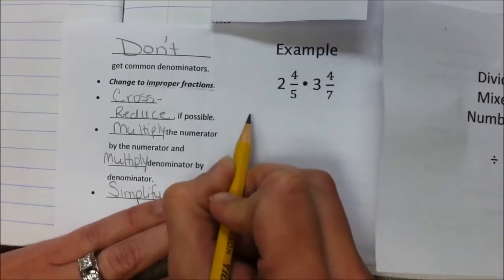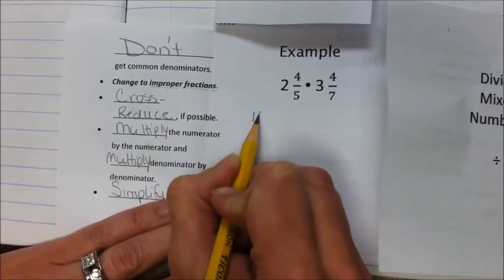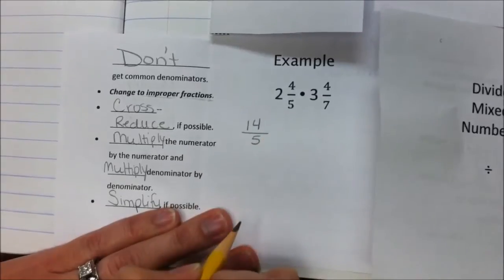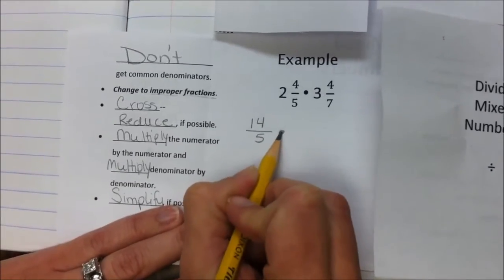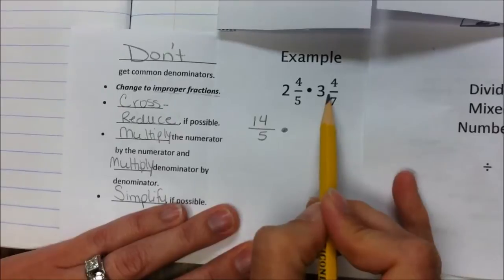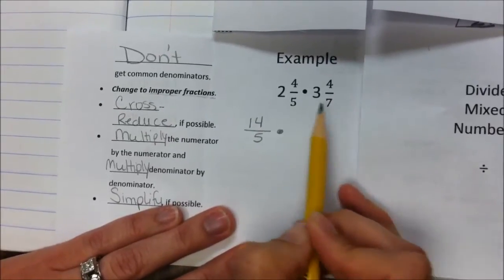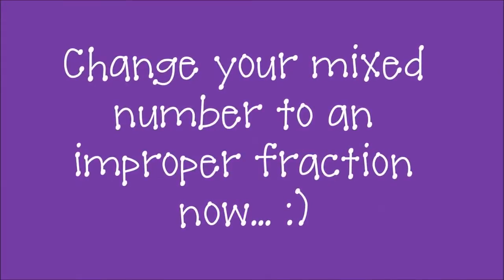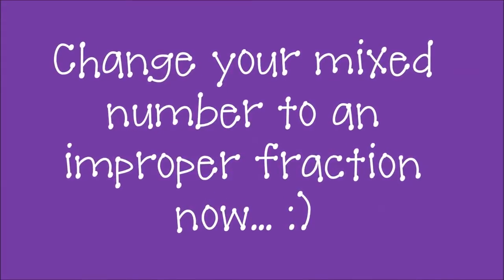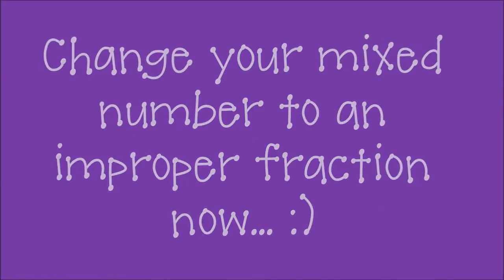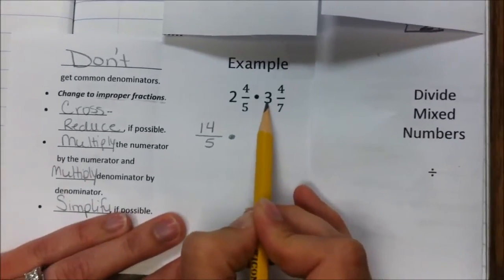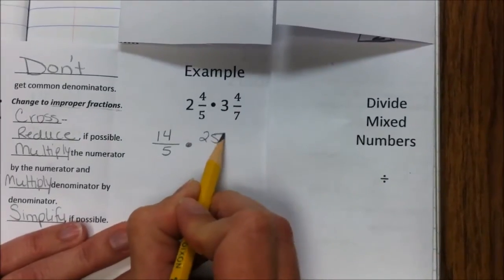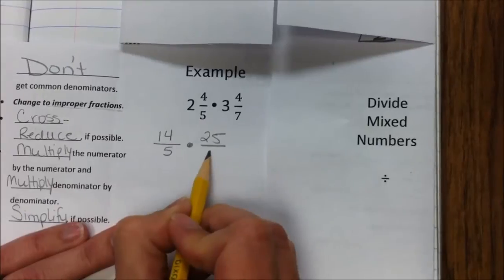So that would be 14 over 5. You always keep the denominator the same. Then you're going to change 3 4/7 into an improper fraction. So 7 times 3 is 21, plus 4 is 25, and you keep 7 as your denominator.